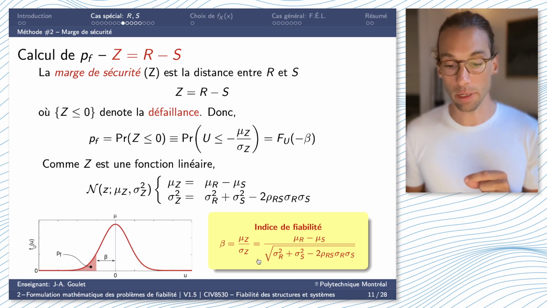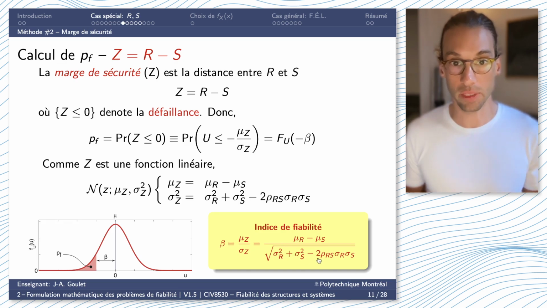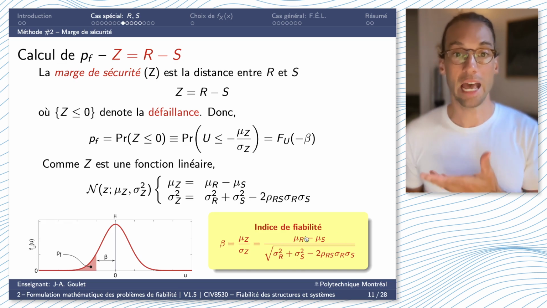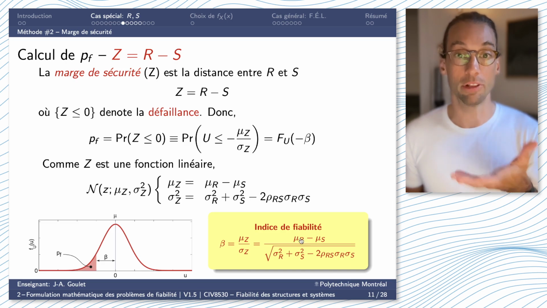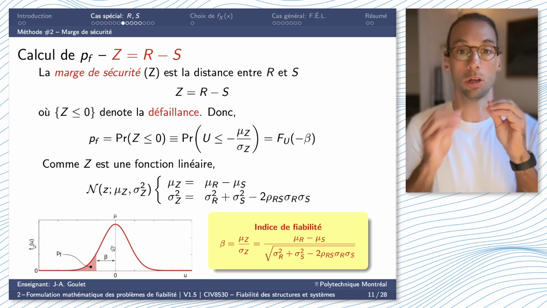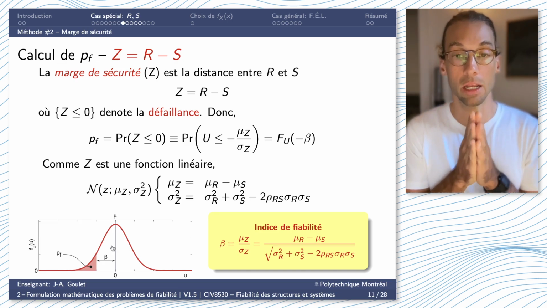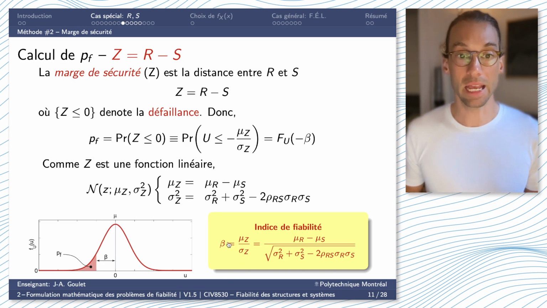This is what you're going to typically see in basic descriptions of structural reliability. This is the definition of the reliability index, and it is obtained exactly with the development we just did using our safety margin. What it tells us is that in the standard normal space, a Gaussian random variable with mean 0 and unit standard deviation, my failure domain is a distance minus beta away from the origin.